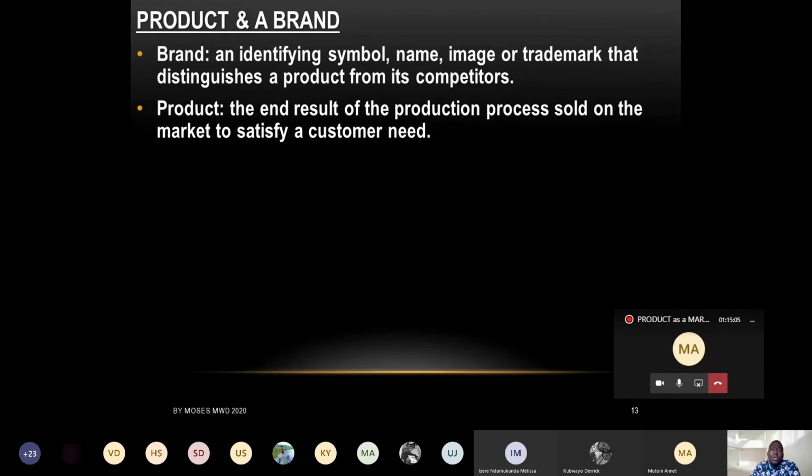So we got symbols and names and images. Some people love some products because of the name they have, because of the symbol they have, because of the trademark, because of the logo.